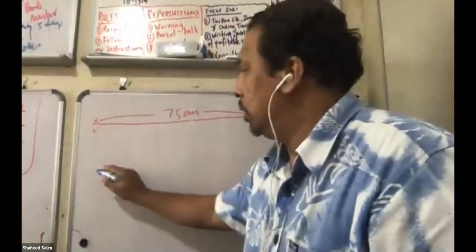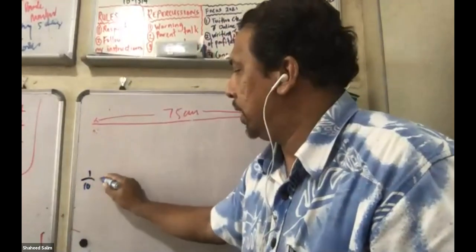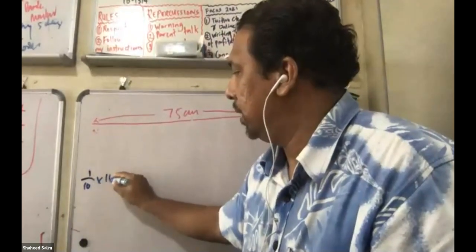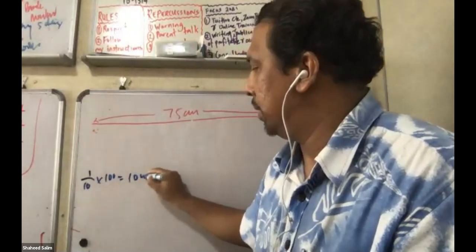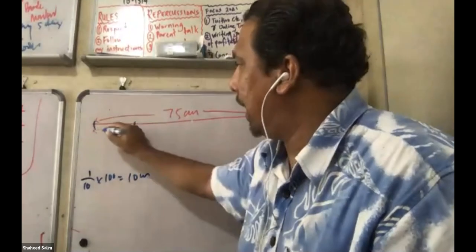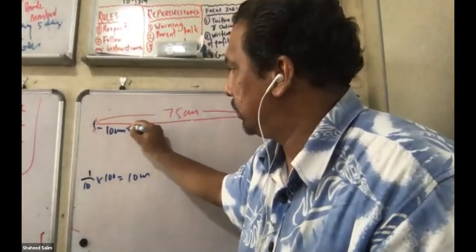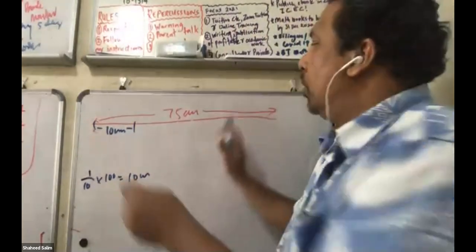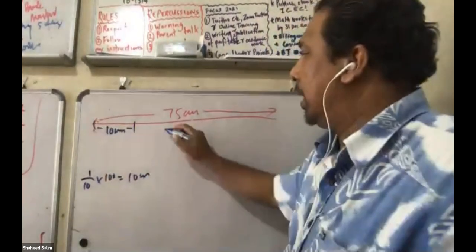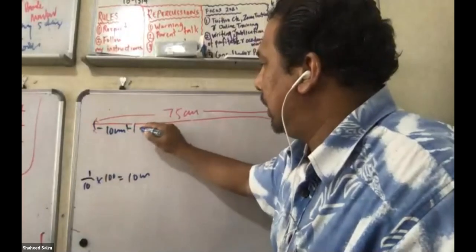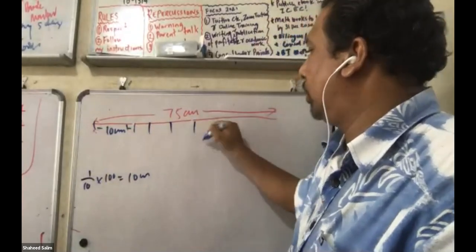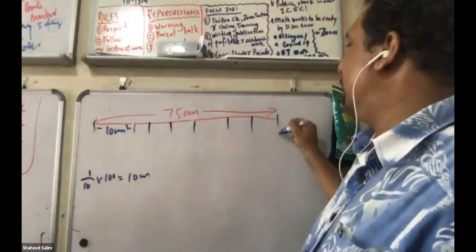So what they're telling you, this 1 over 10, you want to find in cm, you times by 100, you get 10 cm. So they are cutting 10 cm pieces. Now you only got 75 cm. So you can cut 10, 20, 30, 40, 50, 60, 70.